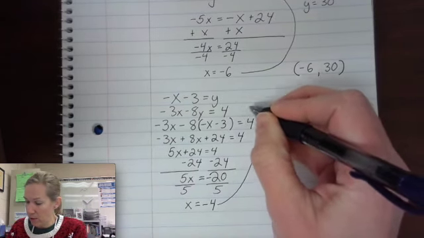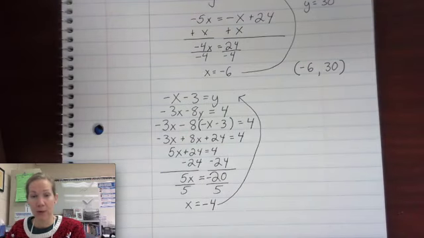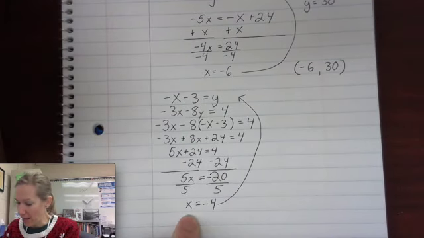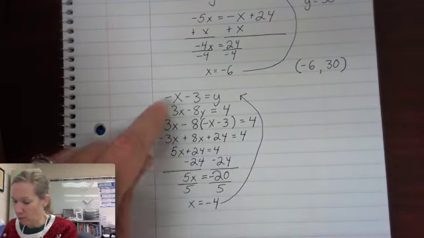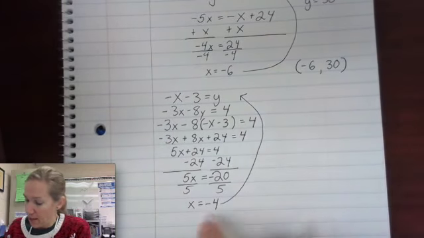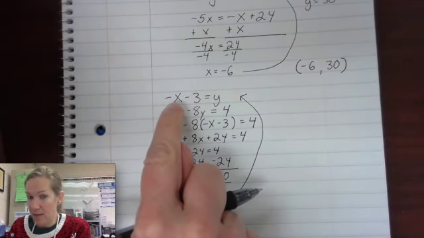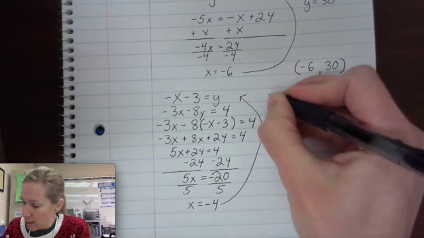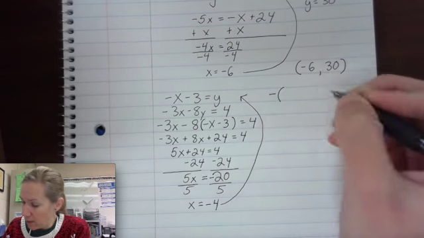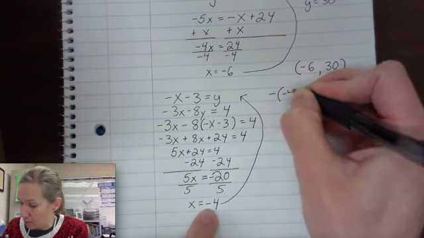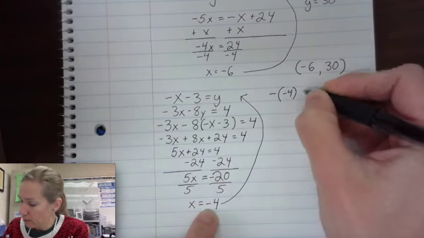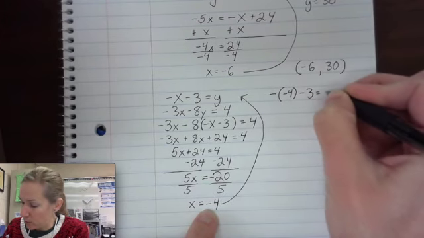And I'm going to go ahead and choose this one. That looks like the easier equation to me. So I'm going to put x equals negative 4 up into this. Now, careful here, this is a negative x. So when I write it, I have to do negative and then put my x in, which is negative 4, minus 3 equals y.